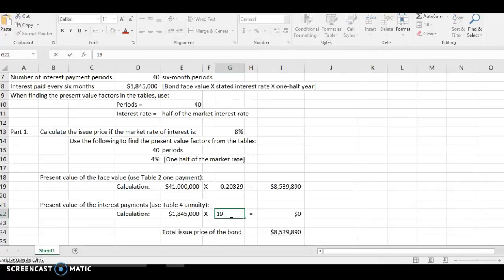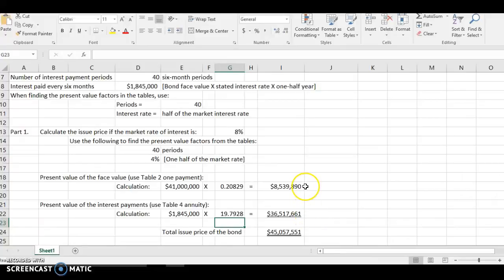Let's take that factor, enter it in the worksheet. 19.79277 and hit enter. This gives us the present value of the $1,845,000 payments. So each 6-month period, we're paying $1,845,000. And there's the factor, that's the present value of all those future interest payments.